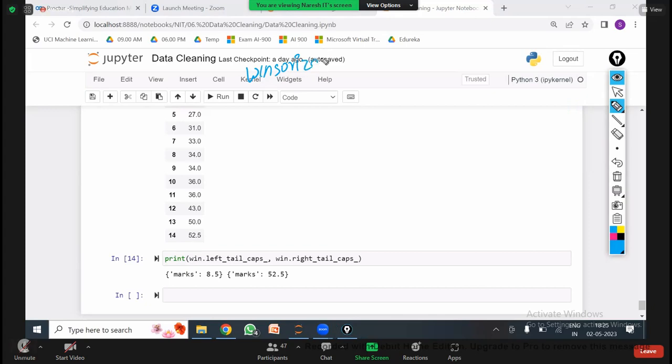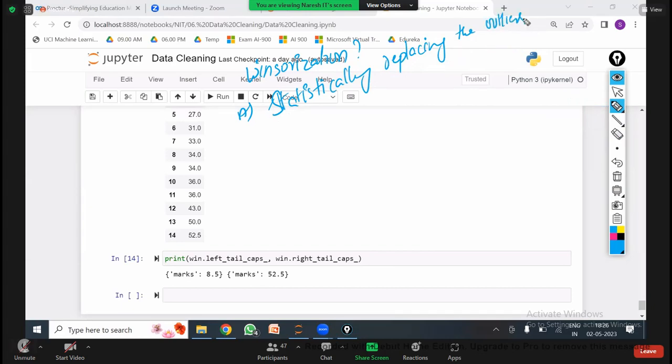What is Winsorization? The answer: replace the outliers statistically. Simply put, statistically replacing the outliers.